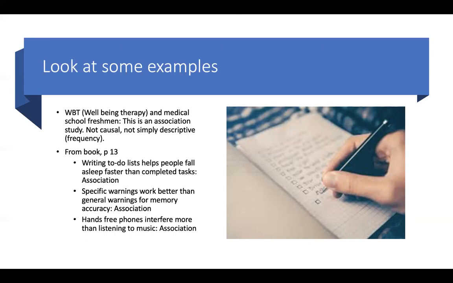So if you want to increase memory accuracy, then there's an association with being more specific. Hands-free phones interfere with your driving more than just listening to music does. So we think, well, you have hands-free and you're just listening, but it does seem to be associated with more problems in driving and more distraction than music does. So that again is an association study.